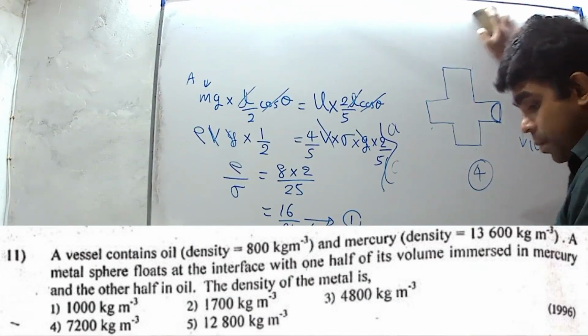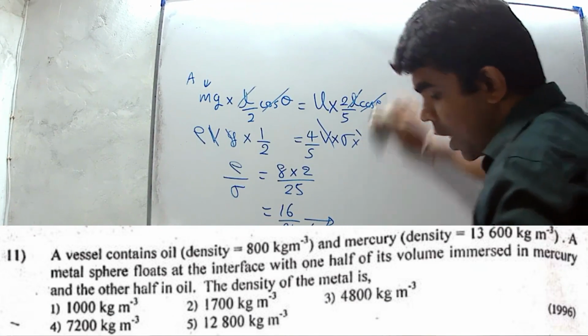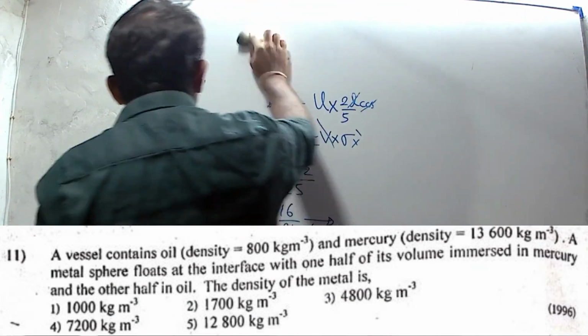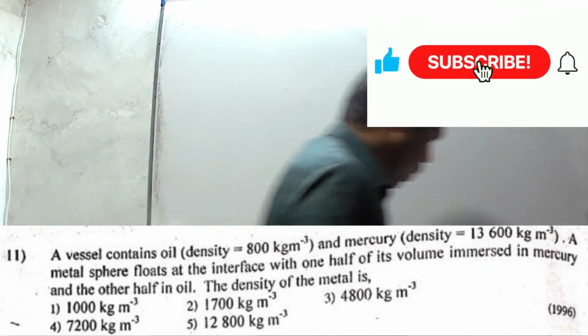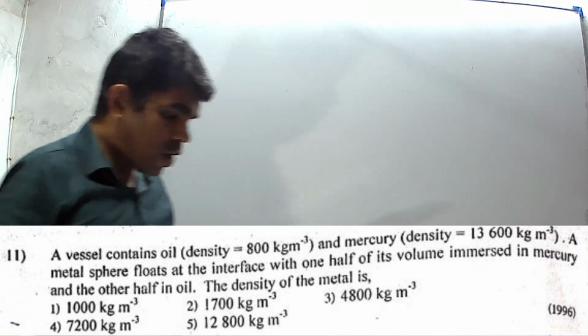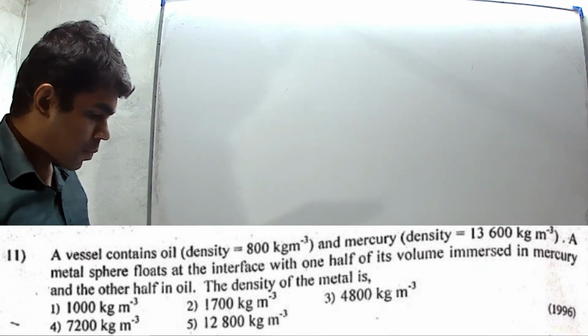Question number 11. A vessel contains oil, density 800, and mercury, density 13,600. A metal sphere floats at the interface with one half of its volume immersed in mercury and the other half in oil.